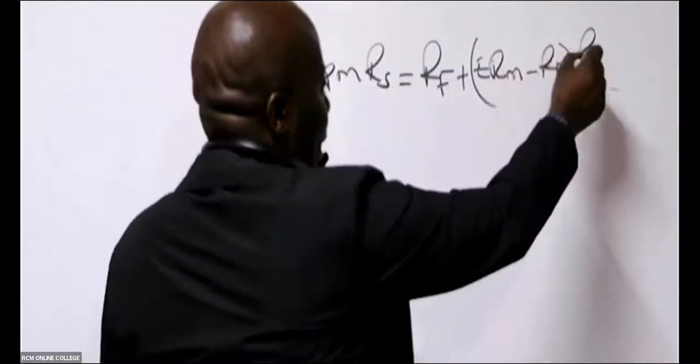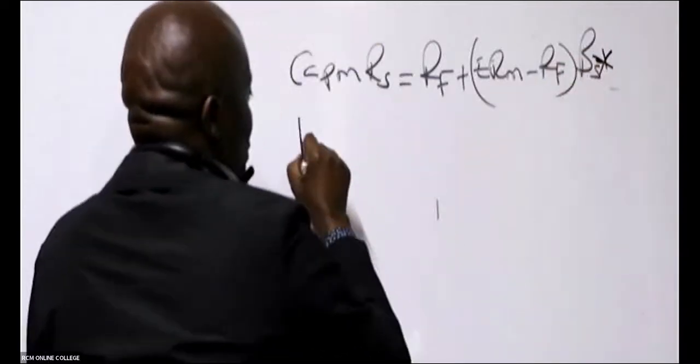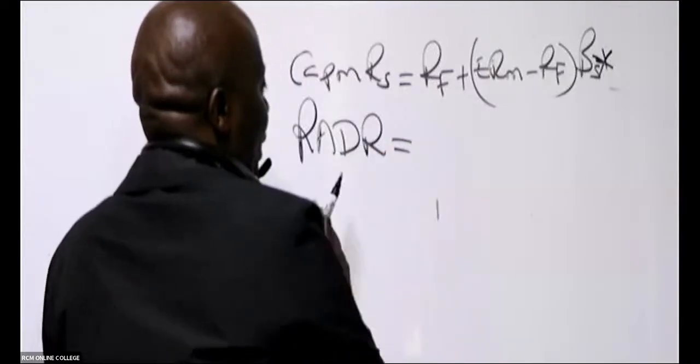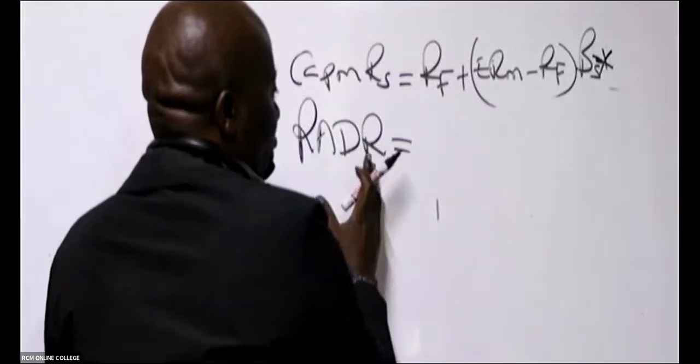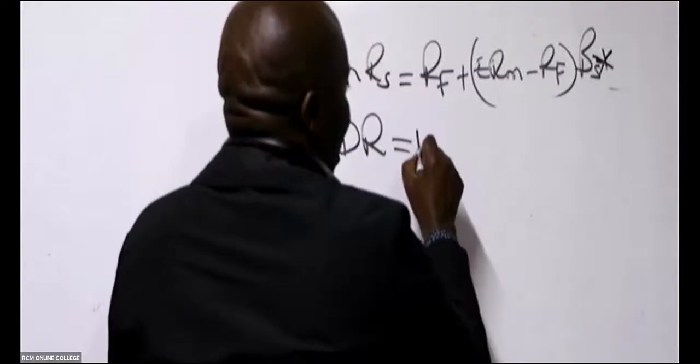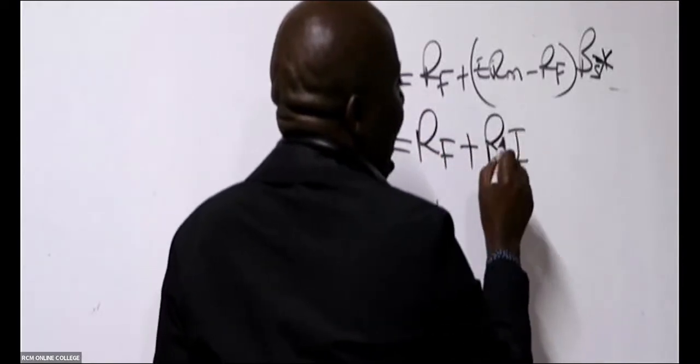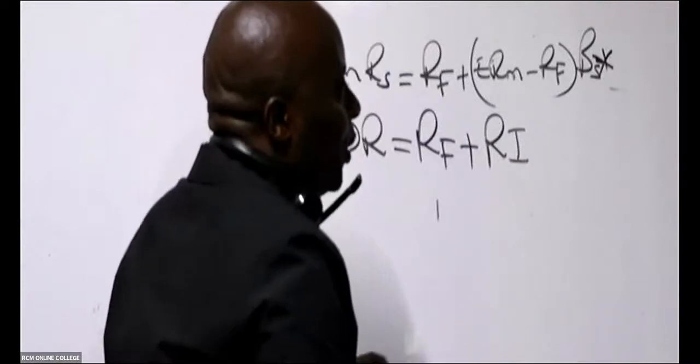Now remember that your examiner has not told you to use CAPM, but has just written for you a formula that you can use to get RADR, the risk-adjusted discount rate: risk-free plus capital RI, the risk index, which is the same as this beta.